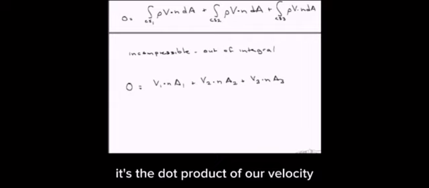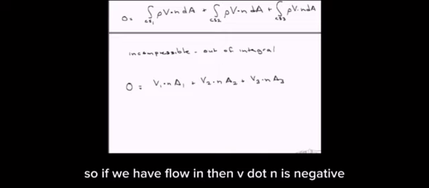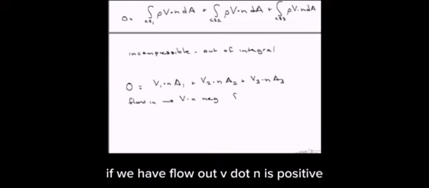So this v dot n again is the dot product of our velocity times the unit normal coming out of the control surface. If we have flow in, then v dot n is negative. If we have flow out, v dot n is positive. So let's go back to our picture again.